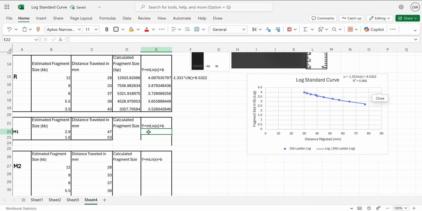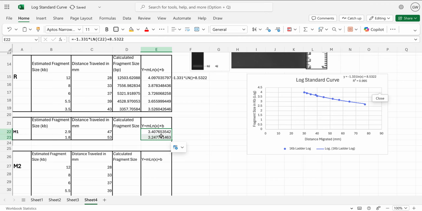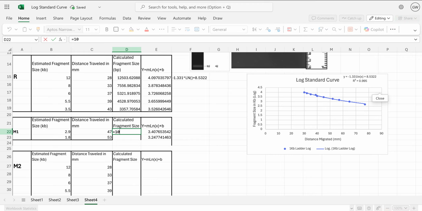Let's redo that really quick. Equals negative 1.331 times natural log distance traveled plus 8.5322. There we go, that's better. Drag that down, equals 10 to the value right there. Estimated size, drag that down. Perfect.